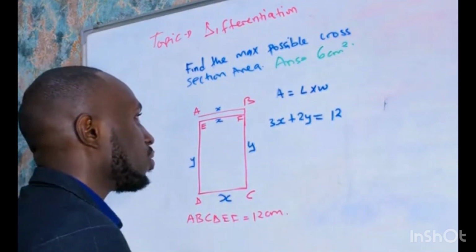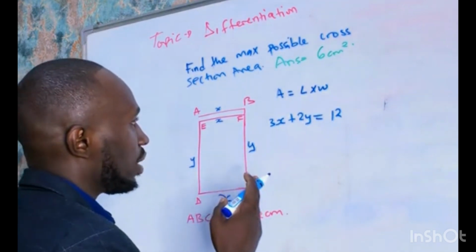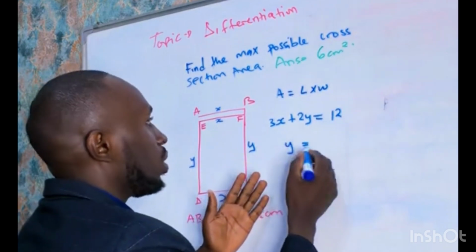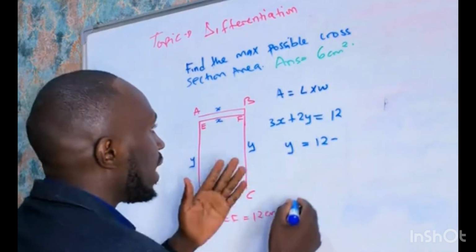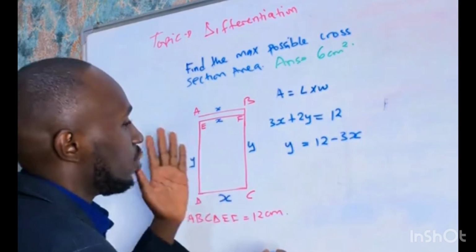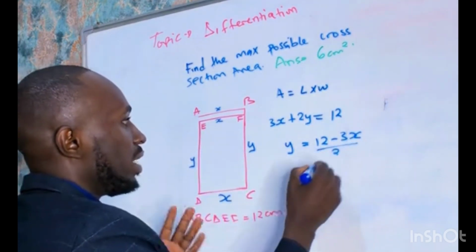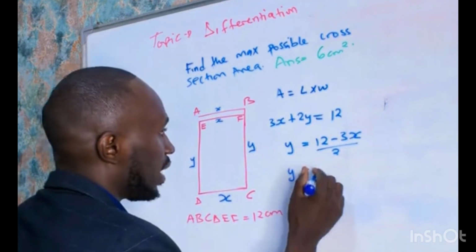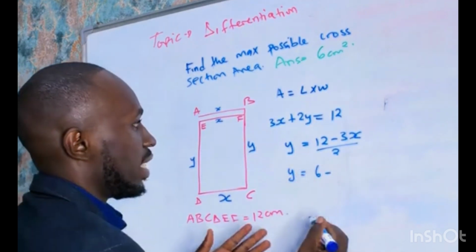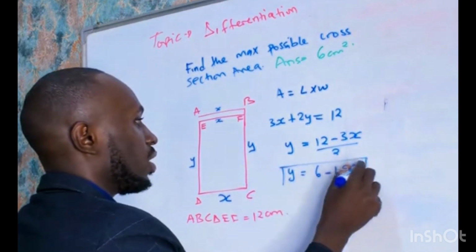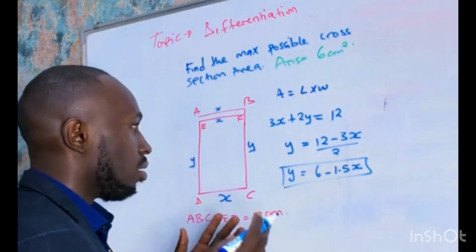Let's make y the subject of the formula. If we leave y on one side, we have 12 on the other side minus 3x, and then we divide everything by 2. So y is 12 divided by 2, which is 6, minus 3 divided by 2, which is 1.5x. This is the value of y.